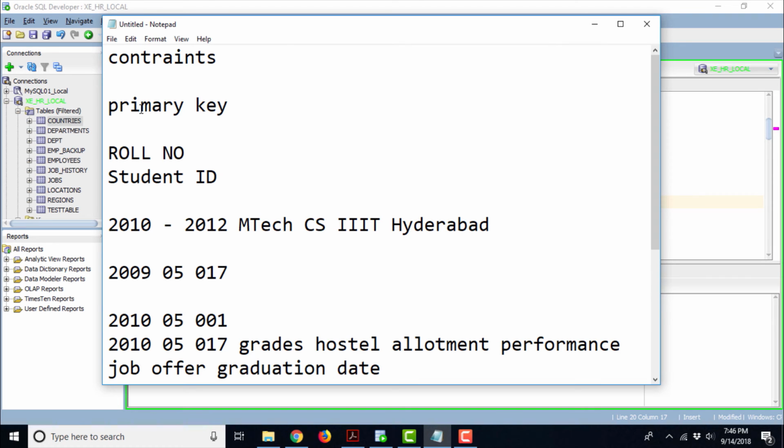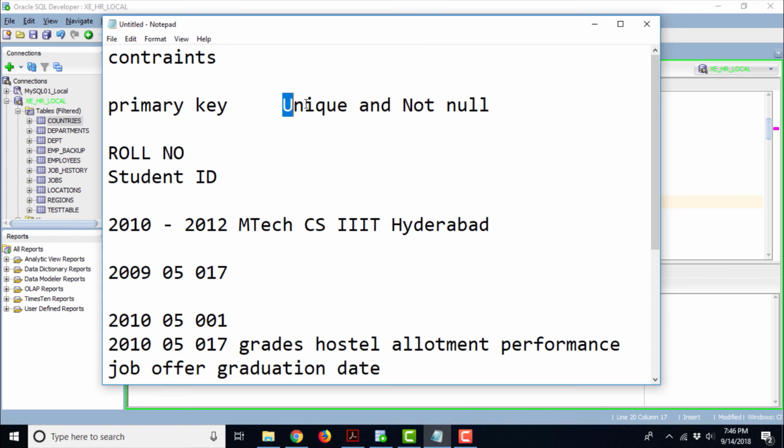Similarly, relational database management systems also have the concept of a unique identification number, and that unique identification number is always a primary key. That primary key always has to be unique and not null, because it does not make sense to have null as a primary key, since you cannot equate null with anything.